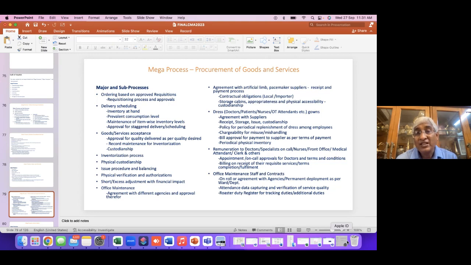Then doctors, patients, nurses, there are separate dresses and gowns, which again are to be ordered on a timely basis. And also the sizes, because all human beings are not identical.